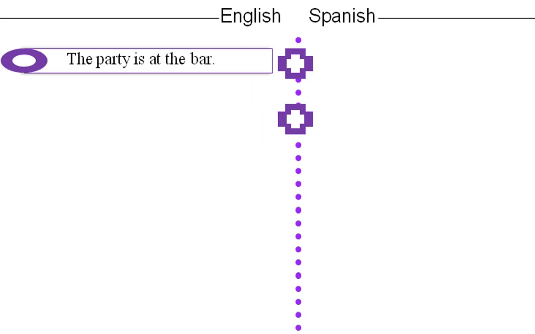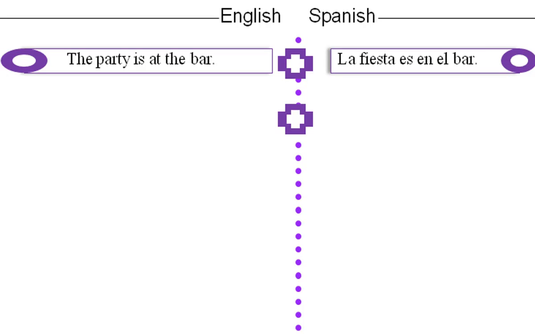The party is at the bar. We are talking about where it's taking place. So third person singular form of ser is es. La fiesta, the party is la fiesta, es en el bar. El is for the.